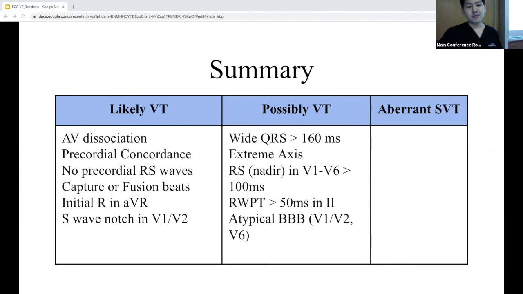Some findings that are less specific include a wide QRS, extreme axis, an RS interval to the nadir in V1 through V6 greater than 100 milliseconds, R wave peak time greater than 50 milliseconds in V2, or atypical bundle branch features which we just discussed. And if you're looking at a wide complex tachycardia with typical bundle branch features, it may point to SVT.